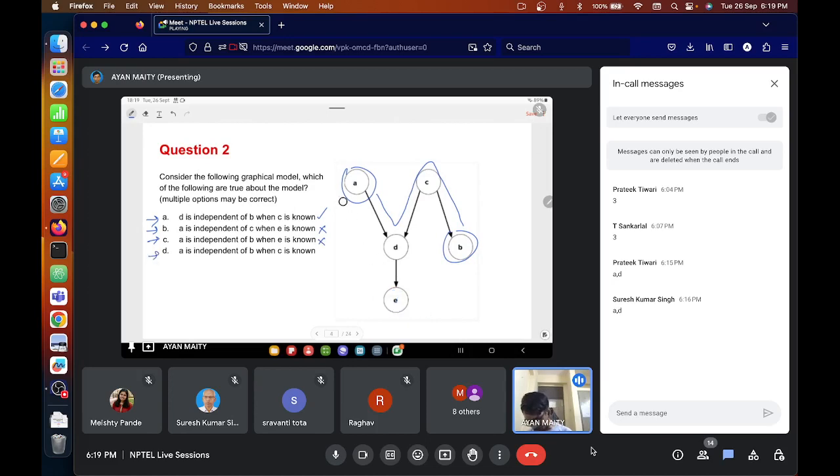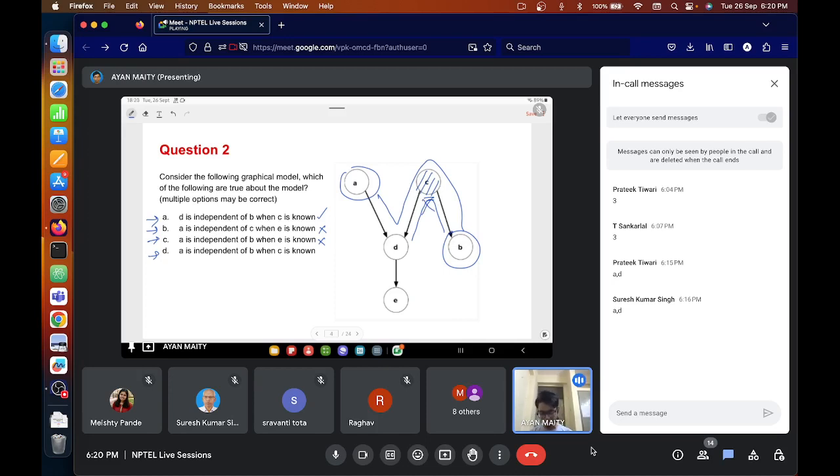Then the fourth option, which says A and B given C, so C is given now. There is only one path from A to B, A, D, C, B, the only undirected path. If C is given, then the portion DCB would be blocked at C, as C is given.